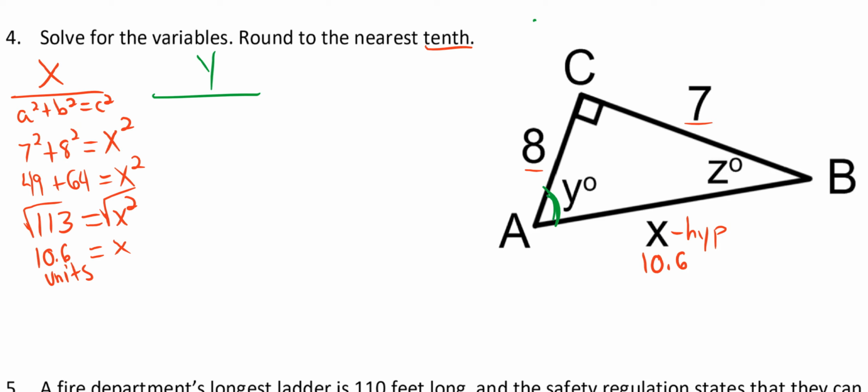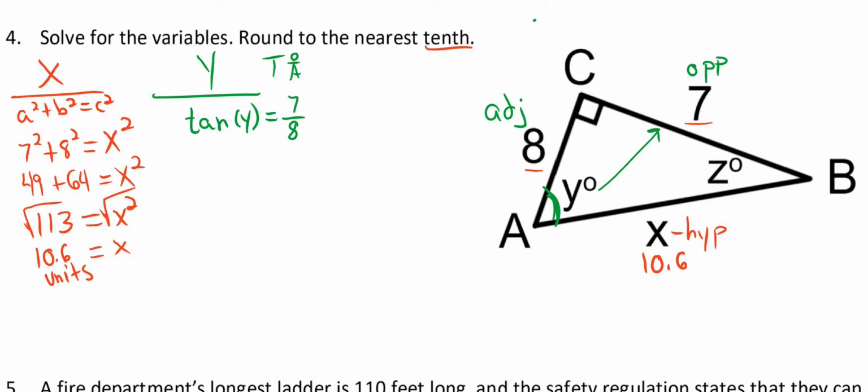Identify your angle. We picked y. Now we identify our sides. 7 is opposite of y. 8 is adjacent to y. So we have opposite and adjacent. That's going to be our tangent function. So we're going to say the tangent of angle y is equal to opposite 7 over adjacent 8.